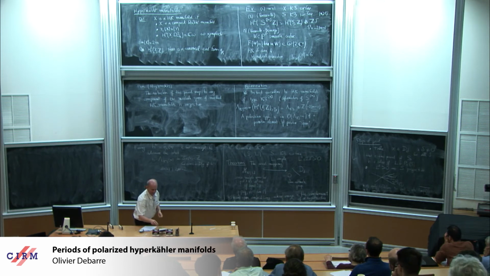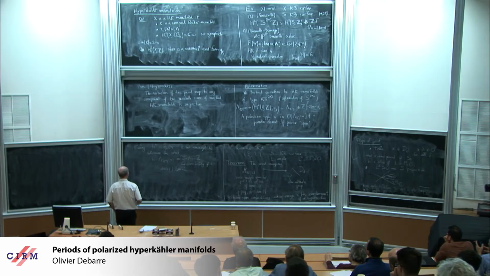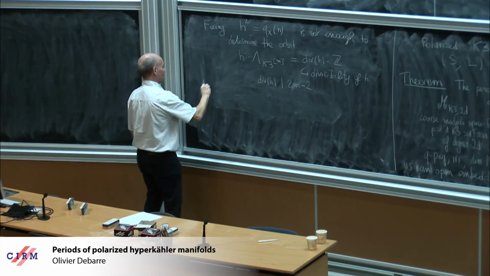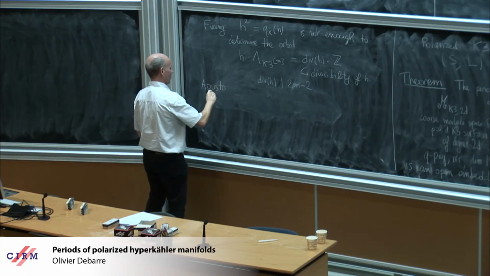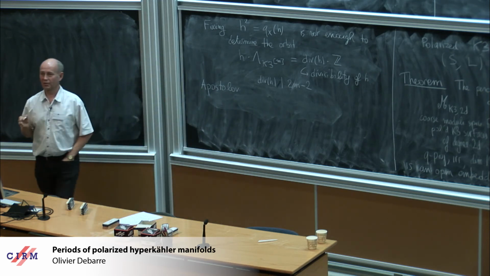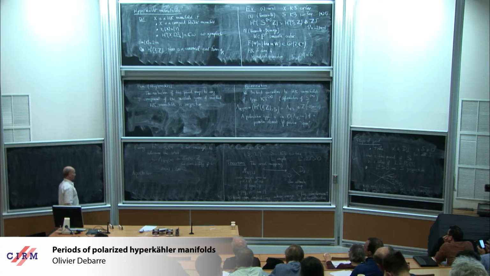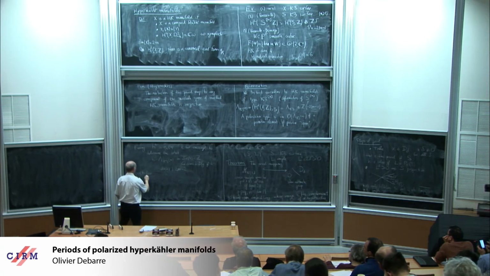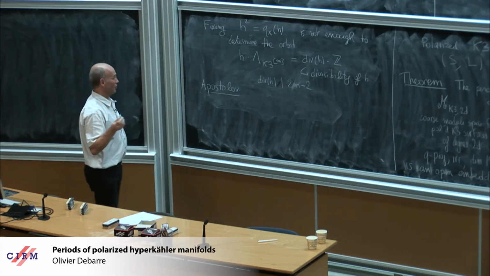It's not really difficult, but this has been worked out by Apostolov. And to keep things simple, I will just restrict myself to two cases where the divisibility is either 1 or 2.